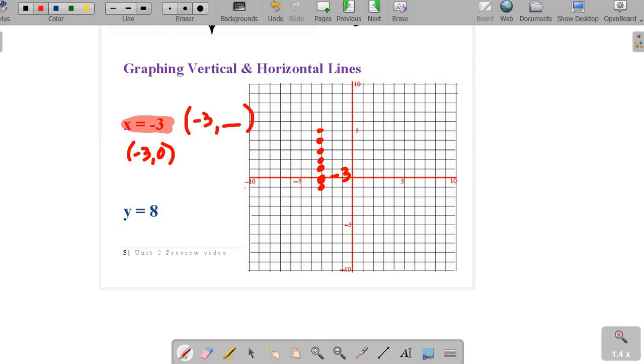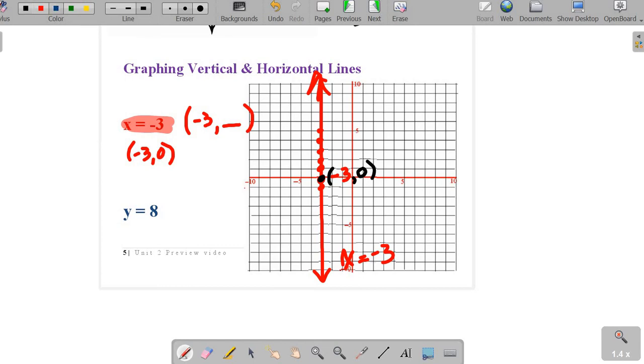So x equals -3 is a vertical line. That vertical line is x equals -3. This dot is (-3, 0), the coordinate.